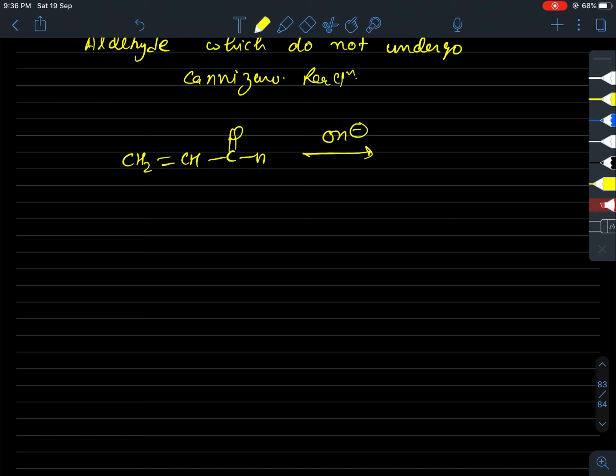Now the other molecules are like this. If benzaldehyde has any strongly activating group attached at para position or ortho position, ortho and para mainly. And why is it so?